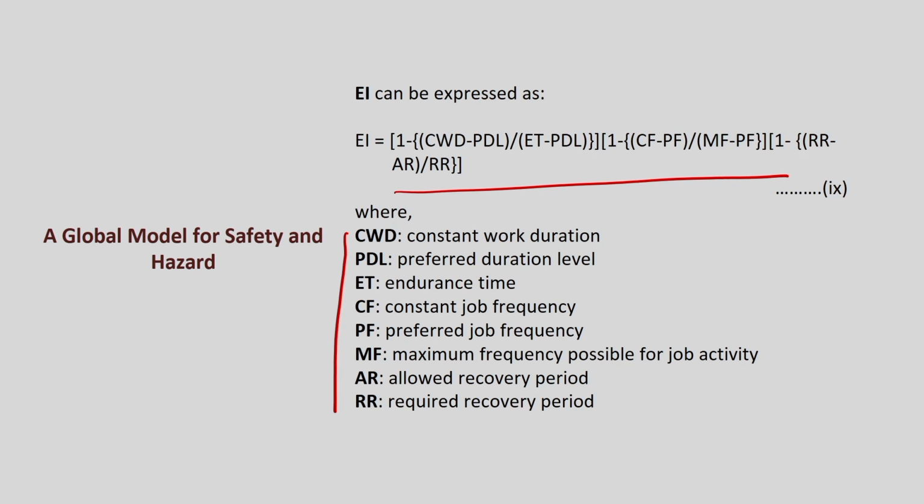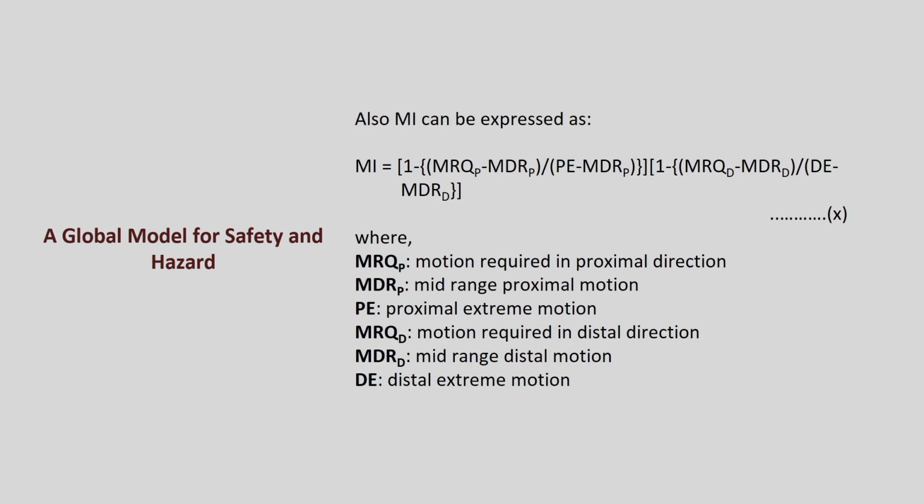So, the EI calculation looks very complicated formula-wise, because all these factors you need to understand separately. We need to get those values and implement them over here. Again for this MI also, you need to consider the motion required for the proximal direction, mid-range proximal motion, proximal extreme motion.